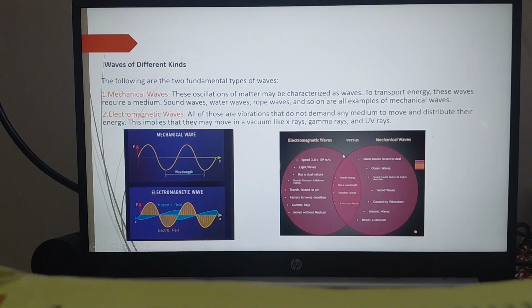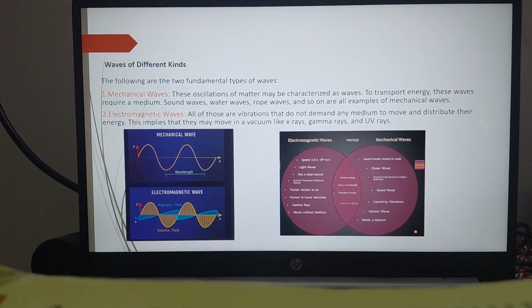Next, waves of different kinds. We have two types of waves, that is electromagnetic waves and mechanical waves. So we can see the difference between them. Generally, what are mechanical waves?